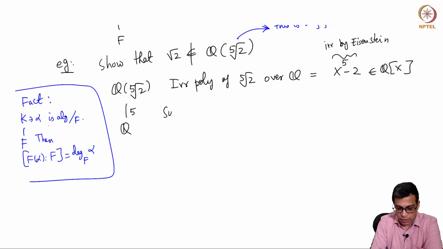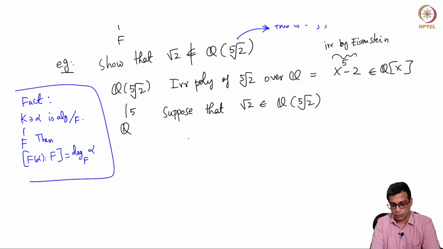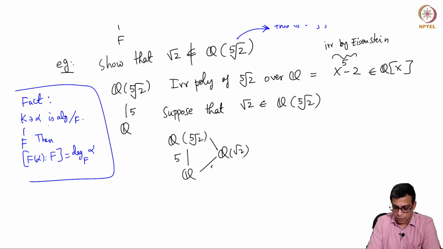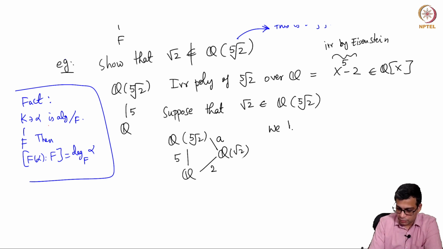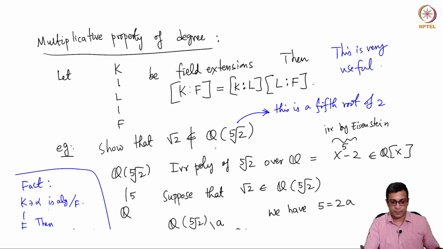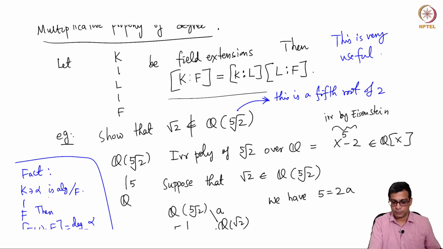Now suppose that root 2 is in Q adjoint fifth root of 2. Then you have this given field extension, but Q adjoint square root 2 is in between. This is 5, this we know is 2, right? That is clear. So whatever this number is, we must have 5 equals 2a, just directly applying this formula here.